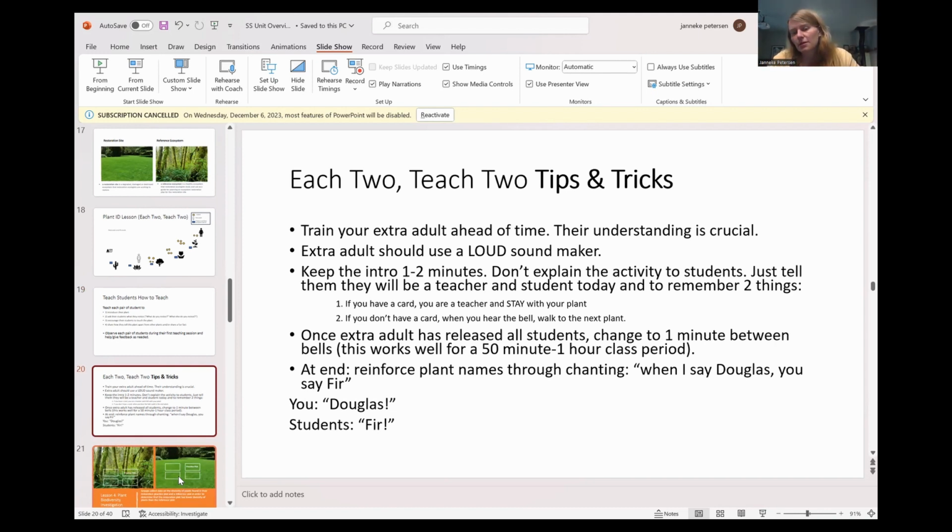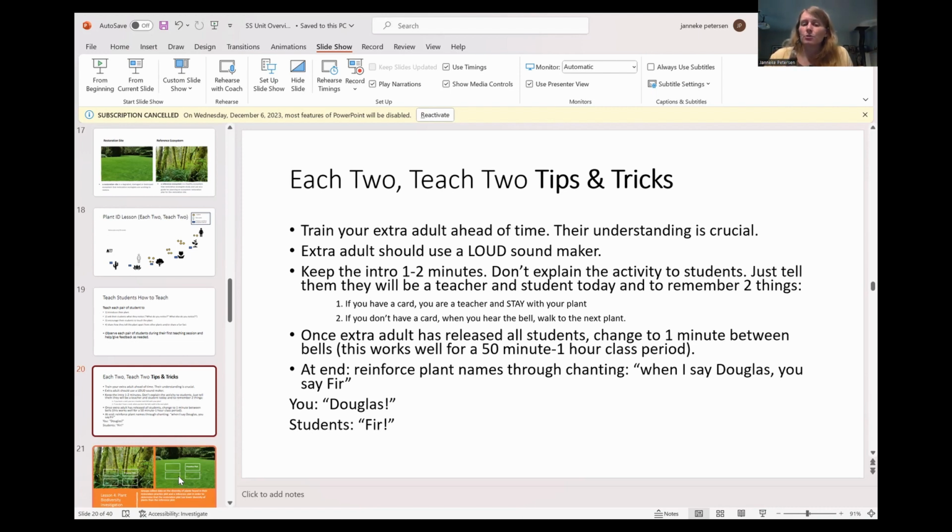So these are just some extra tips and tricks that I've learned from leading this lesson many, many times. Definitely train your extra adult ahead of time. Their understanding is really crucial. The students don't really need to understand the pattern. They'll pick it up very quickly, but you and your supporting adult need to understand how it works.